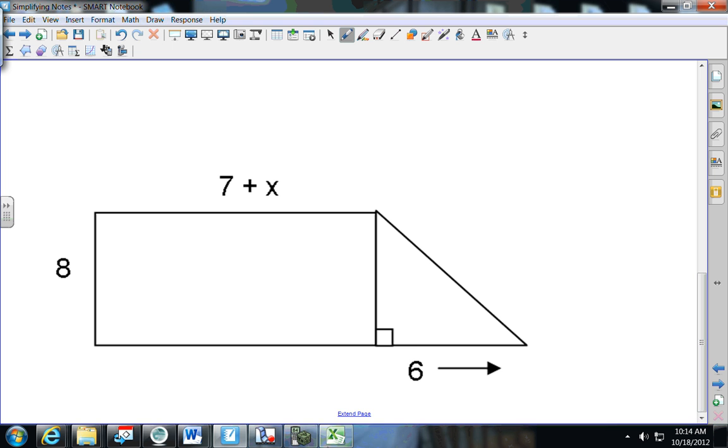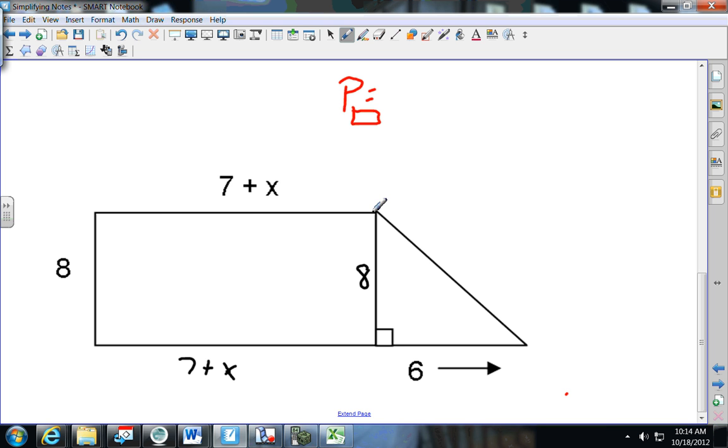The next one right here, we're going to find the perimeter of this one. First off, let's find the perimeter of just the square, I'm sorry, the rectangle. To find the rectangle, I have 8 and I have 7 plus x.